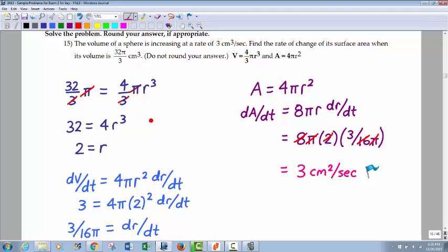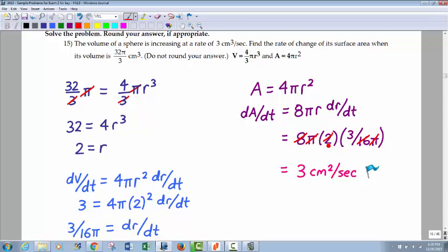The first thing I did was solve for r. So if you know that the volume itself is 32 pi over 3, there's your v. And you know 4/3 pi, that cancels, and it worked out pretty nicely here. 32 equals 4r cubed, r equals 2, so that's going to be my radius that goes right there.